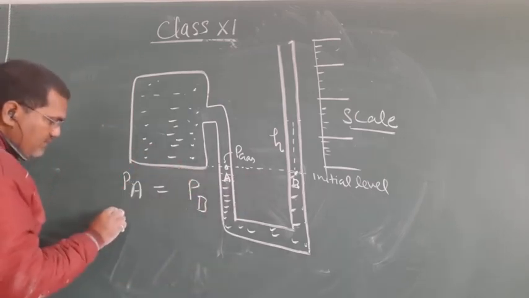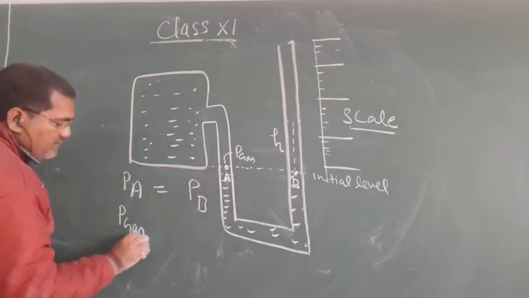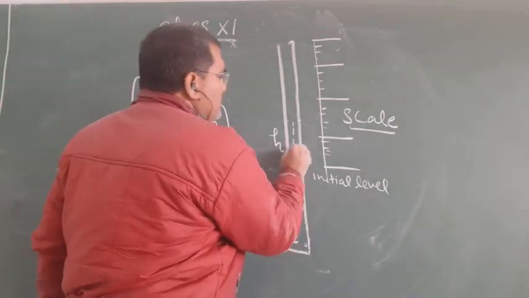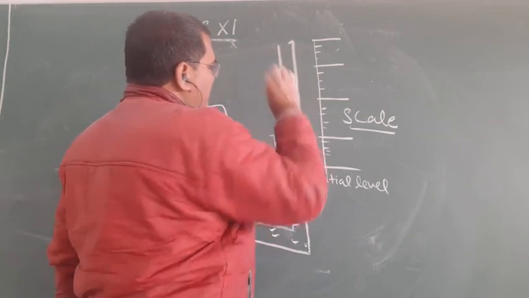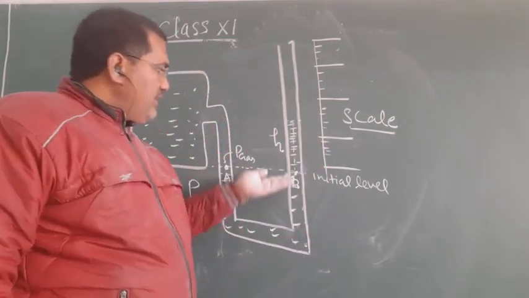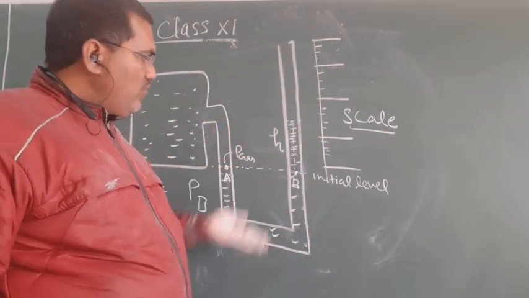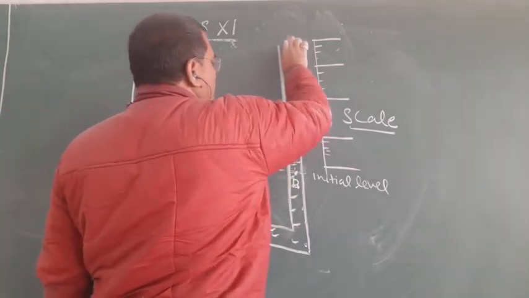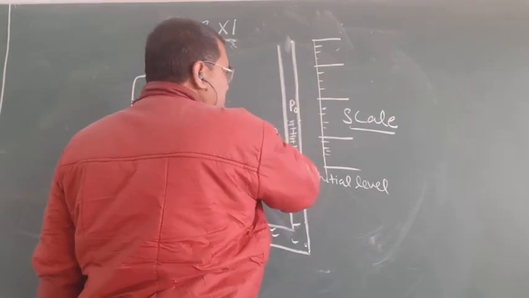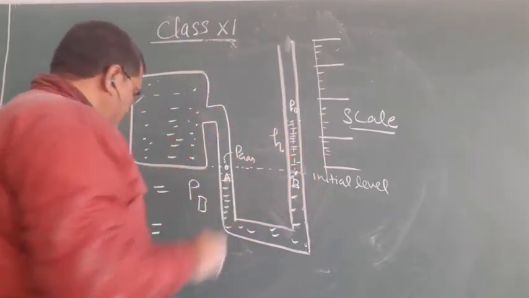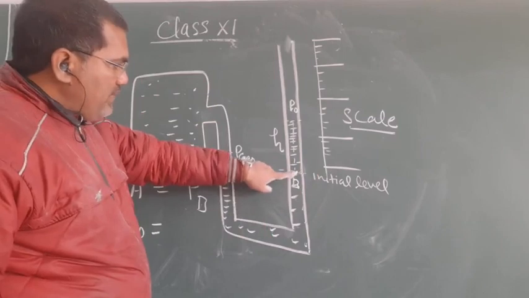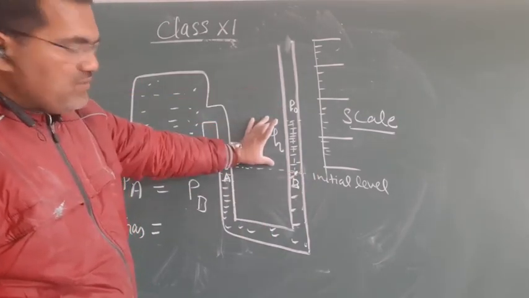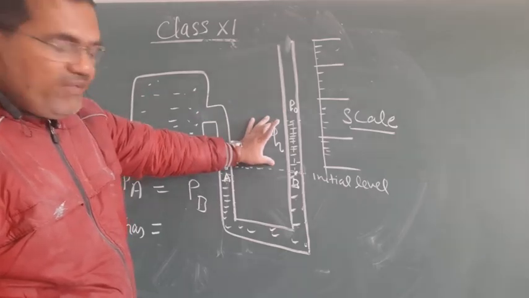So pressure at A is the pressure of gas, and pressure at B is due to the pressure of the liquid column, which rises up to height h from the initial level. And also this is an open tube, so atmospheric pressure is also produced here. So you can say pressure at B will be due to atmospheric pressure as well as pressure of the liquid column.